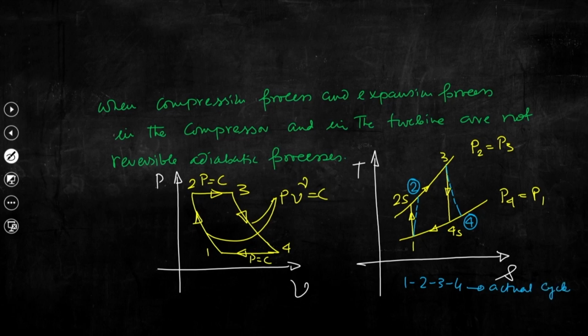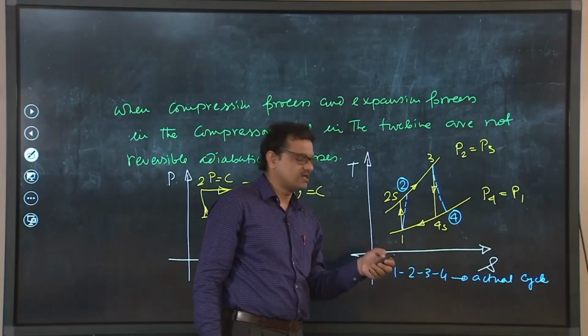Now, accounting for the losses due to irreversibility, we can define two important efficiencies: the isentropic efficiency of the compressor and the isentropic efficiency of the turbine.